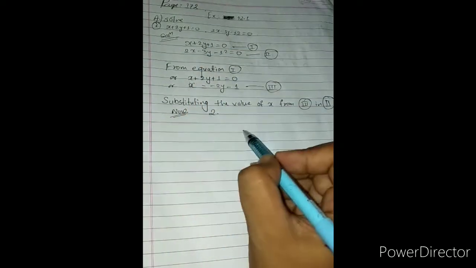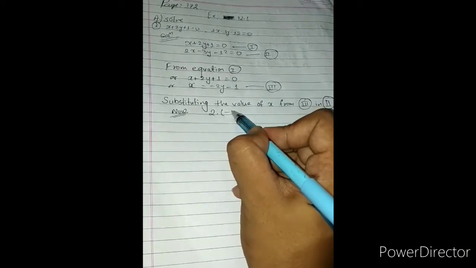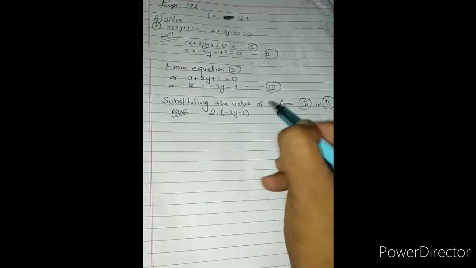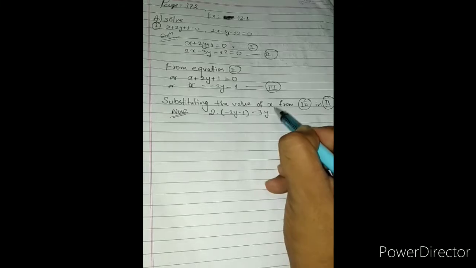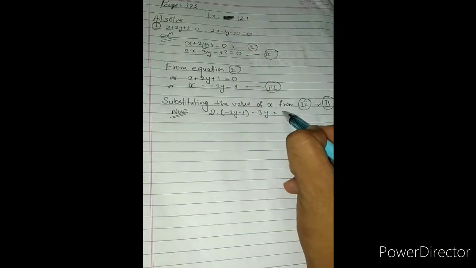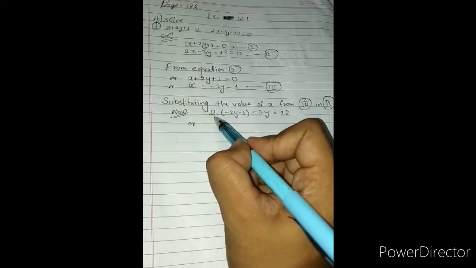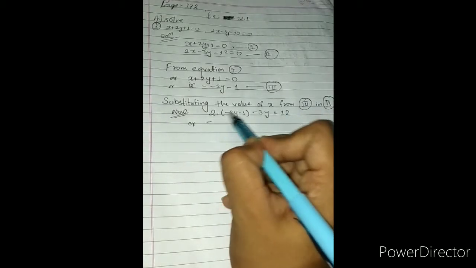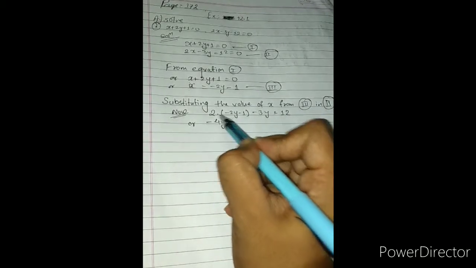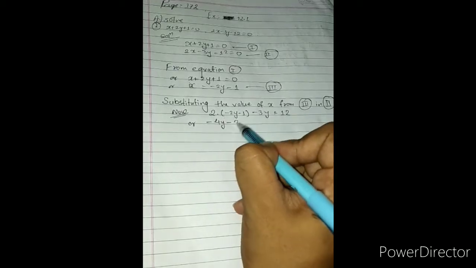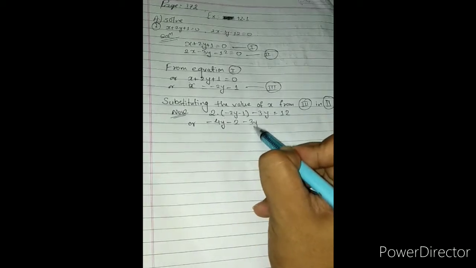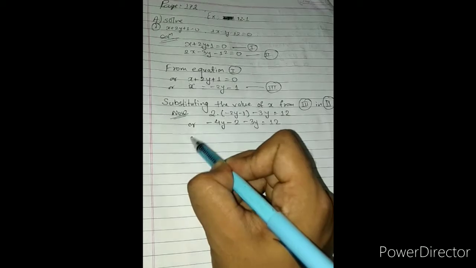What is the value of x? Minus 2y minus 1, minus 3y. This minus 12 we can take to the other side, plus 12. Now open this bracket. Minus 2 2s are 4y, minus 2 1s are 2, minus 3y equals 12.